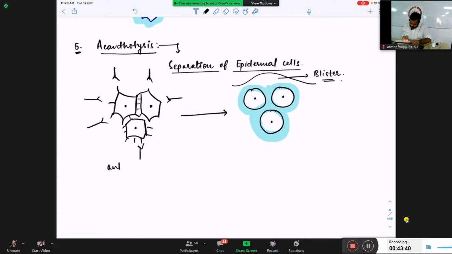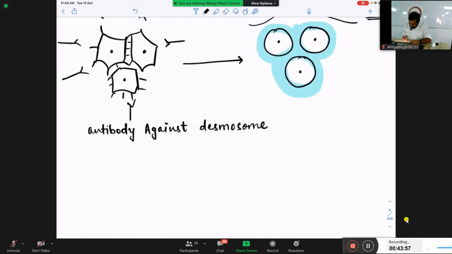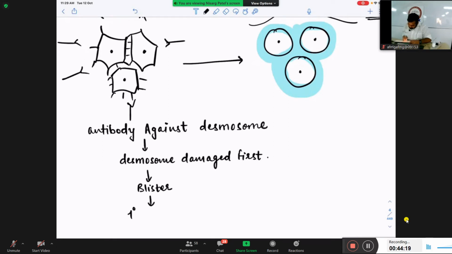So what happened here is, because there is an antibody against the desmosome, the desmosome was damaged first, and then the patient developed the blister.